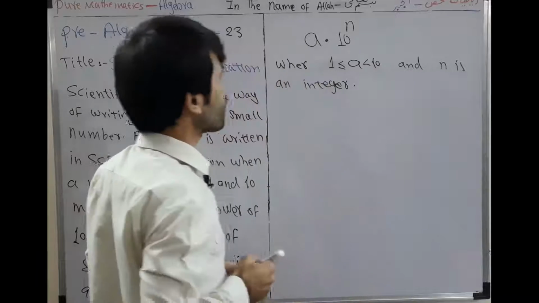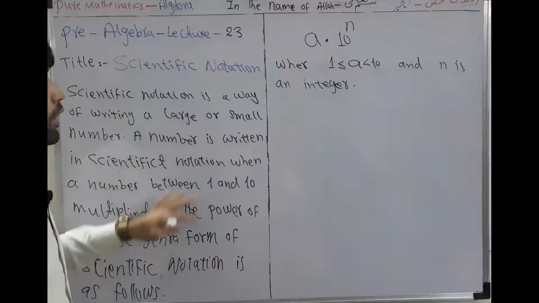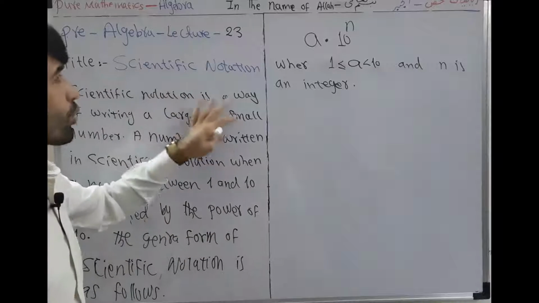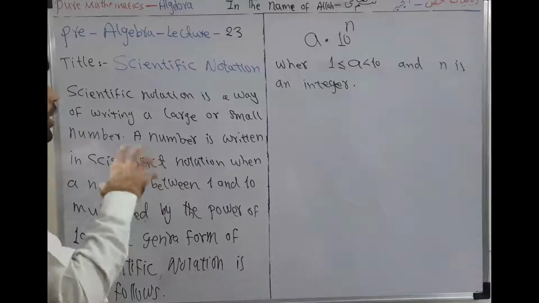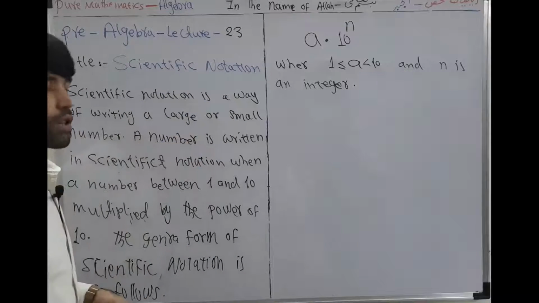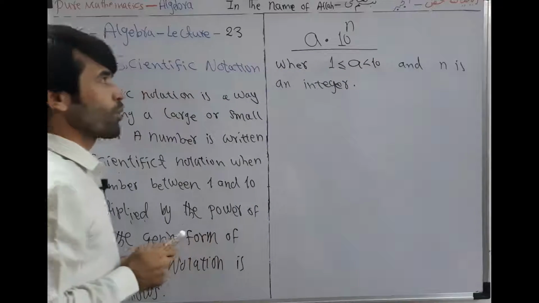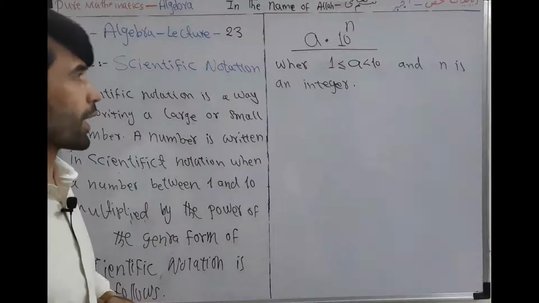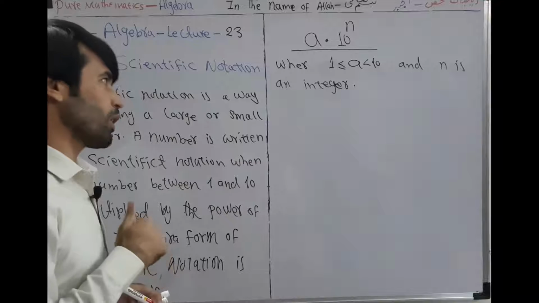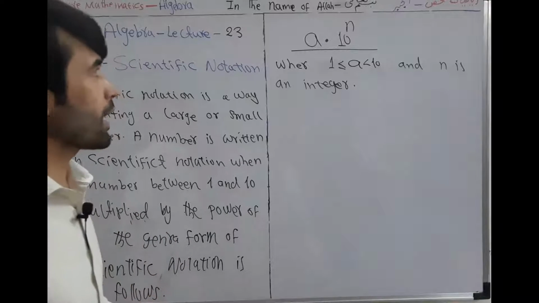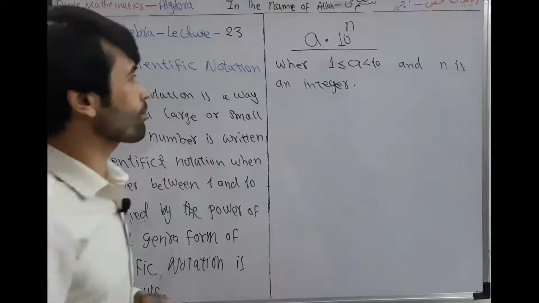It is the concept of scientific notation. What does it mean? It is a method of writing a large number or a small number in this form. A must be less than 10 and greater than or equal to 1, and n is an integer. It can be positive or negative.